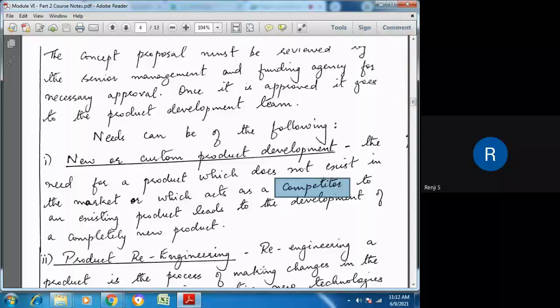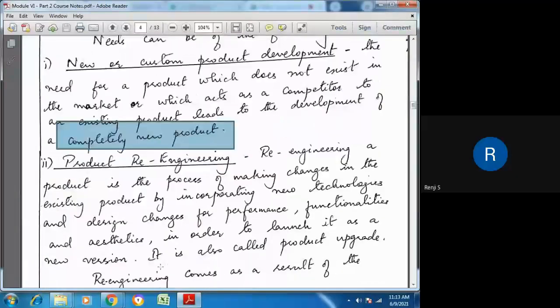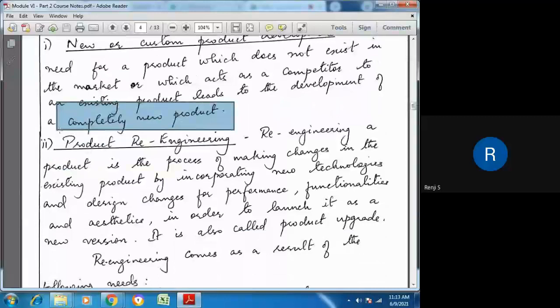If it is an existing product, then they can use the existing technology and develop the product with additional functionalities. Thus we can say that a need can lead to the development of a completely new product, or it can arise as a result of product re-engineering.